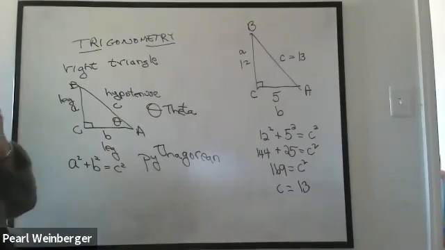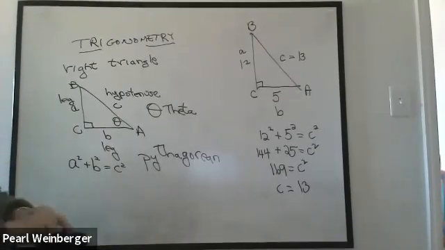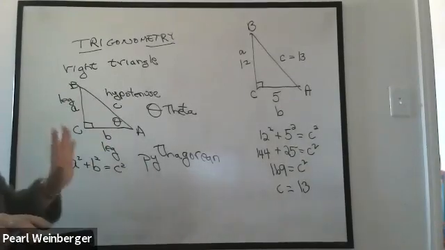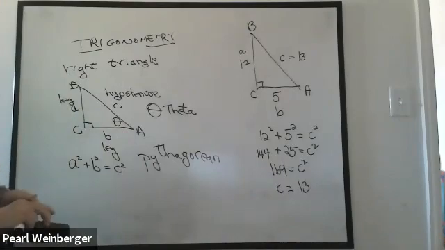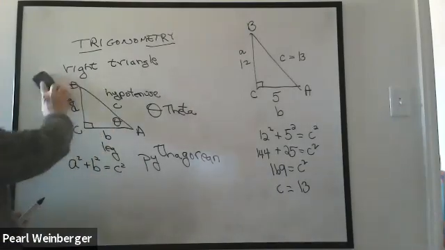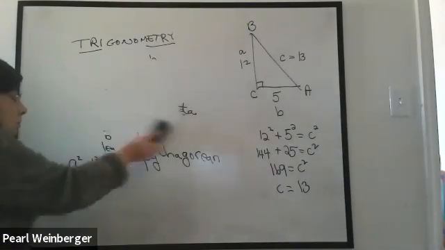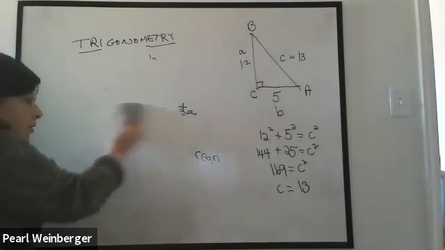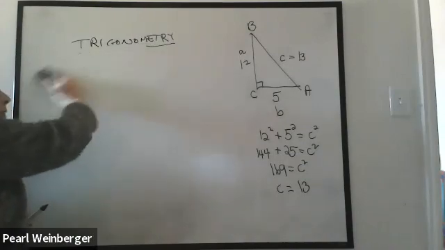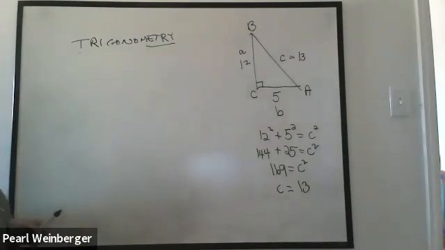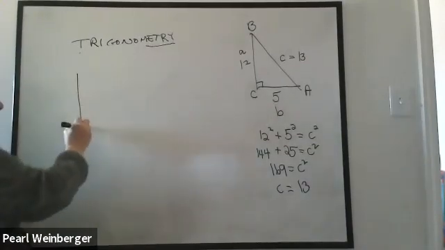Okay, let me see if I can give you one to try. This is not yet trigonometry. This is the Pythagorean theorem. It's a step before we do trigonometry. I'm going to give you a triangle. I'm going to ask you to figure out one of the sides of the triangle, and while you're doing that, I'm going to take attendance. So here's my picture.